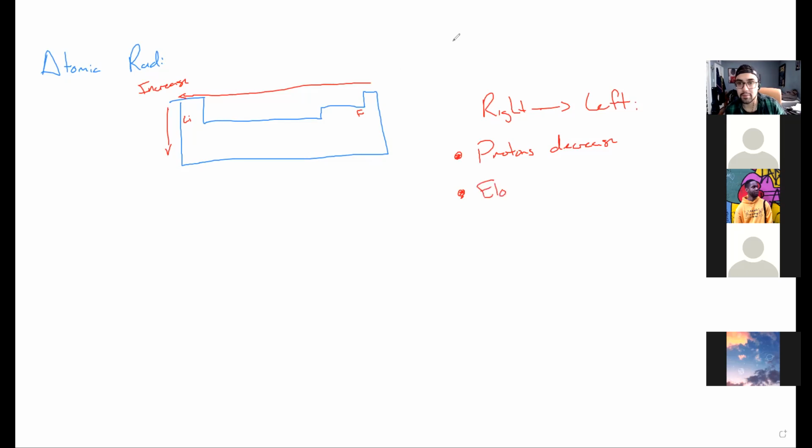We decrease in the number of electrons, right? Lithium has 3 electrons, while fluorine has 9. So our electrons decrease as well, and because of this decrease, our radius increases.